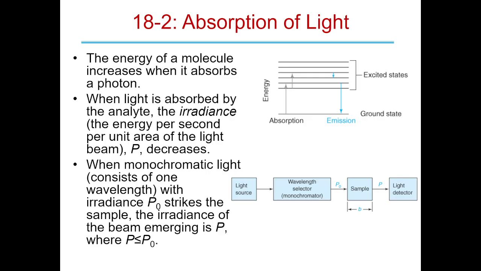What is the B for the sample? Oh, B is path length. Remember Beer's law? That's the path length in Beer's law. So what determines how much P goes down is going to be Beer's law, essentially, for most applications. I'm not going to go into a whole lot of other stuff because I could teach a whole degree on that.